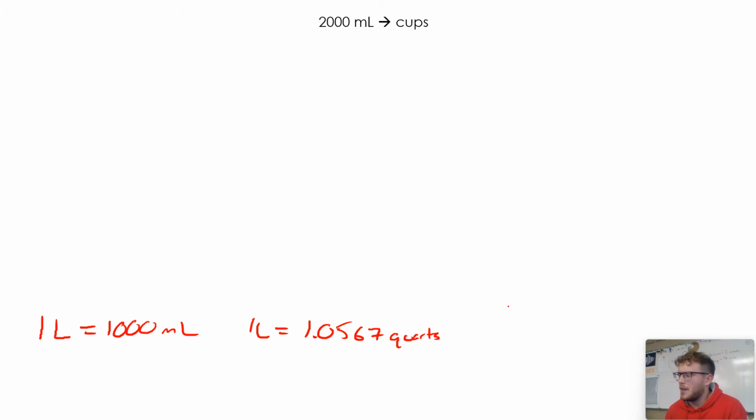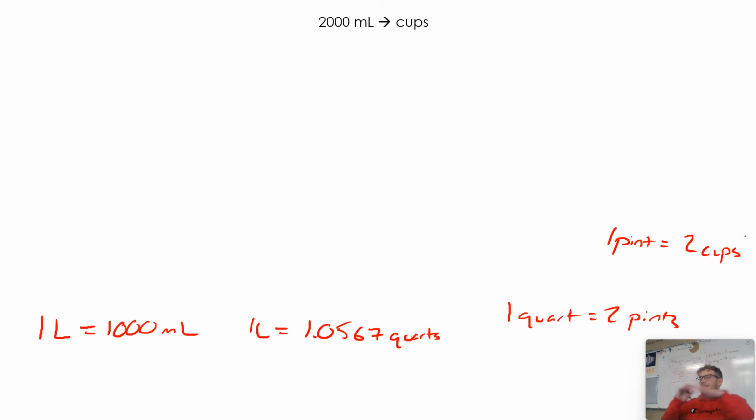I also wrote down that 1 quart equals 2 pints. And I wrote down that, I'll write it over here, 1 pint equals 2 cups. All right, so using these 4 conversions, I should be able to get from milliliters to cups, okay? So let's see how this plays out.